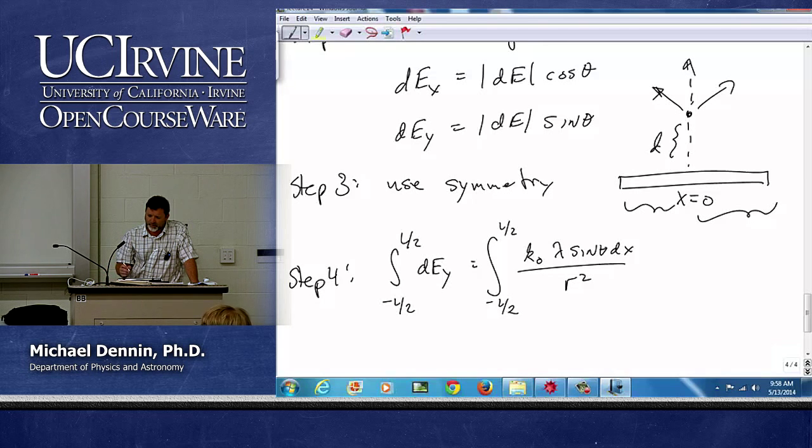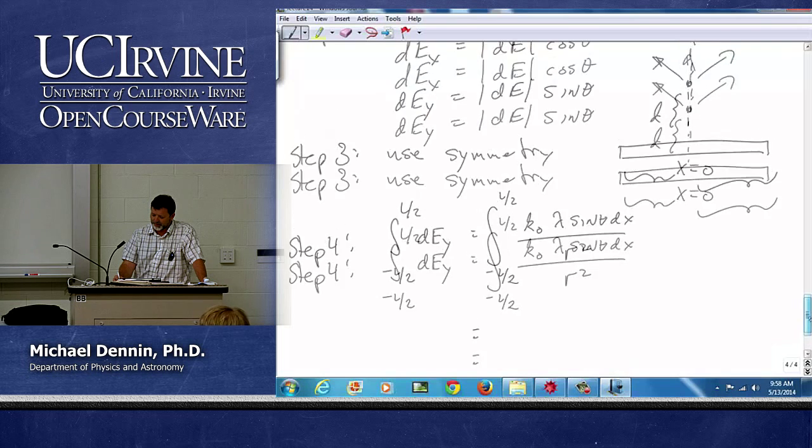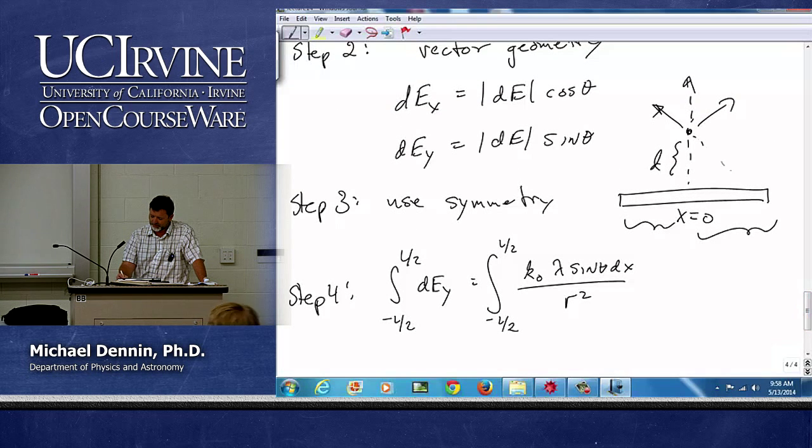And this is going to be equal to, now I have to pick my variable that I want to integrate over. And the first thing I've noticed, I've picked Cartesian coordinates. By definition, this is r.